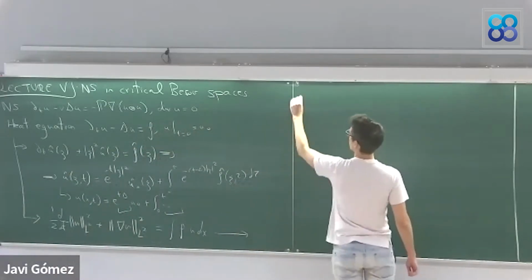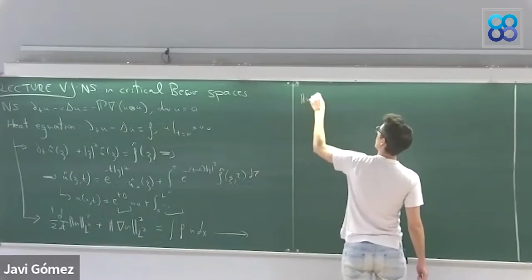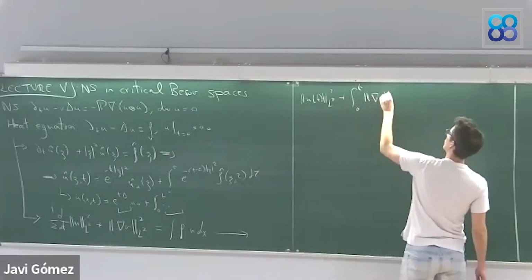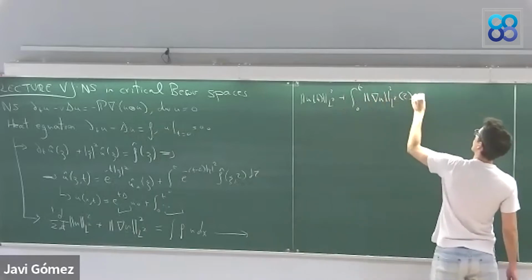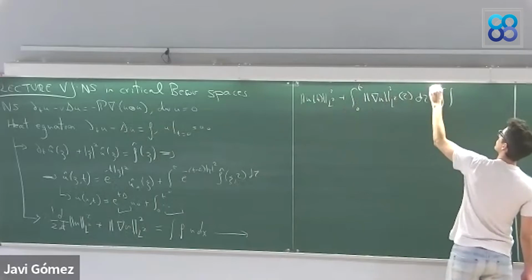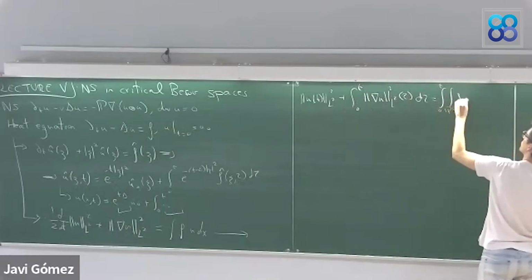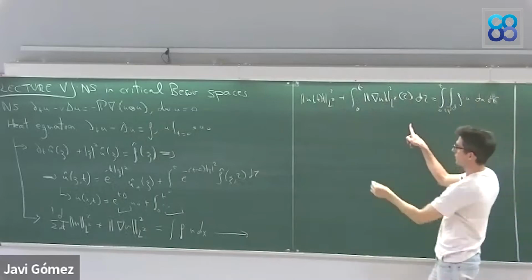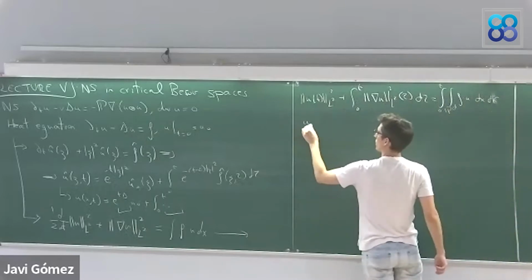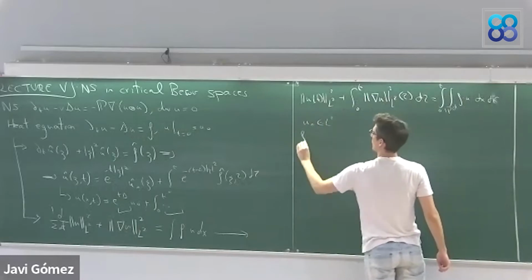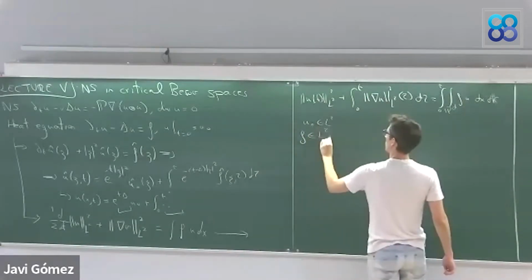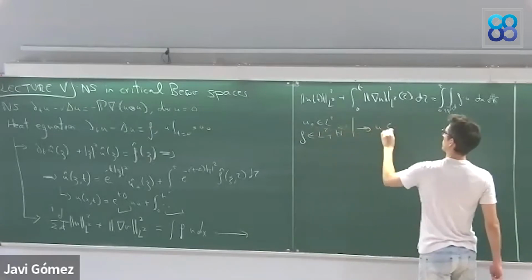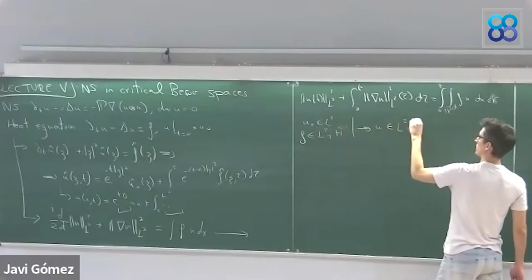If we integrate that, basically I'm just saying that for U0 in L2 and F in L2 times H minus 1, we get U in L2 times H1.